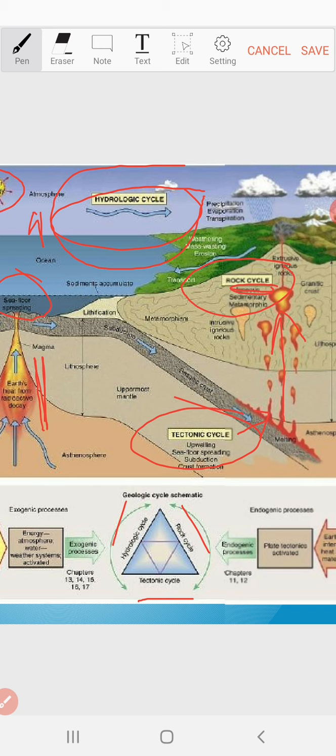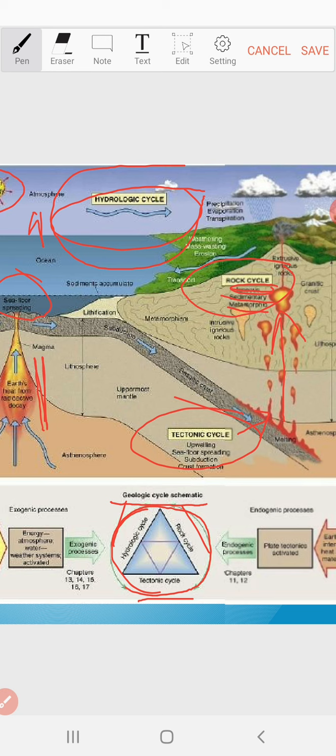Then due to the exogenic forces, we get another set of rock, that is sedimentary rock, and again due to endogenic forces we get a third set of rock, that is metamorphic rock. So we get the rock cycle, tectonic cycle, and hydrological cycle. When all these three cycles interact with each other, we get the various types of landforms on the earth's surface, and it is termed the geological cycle.